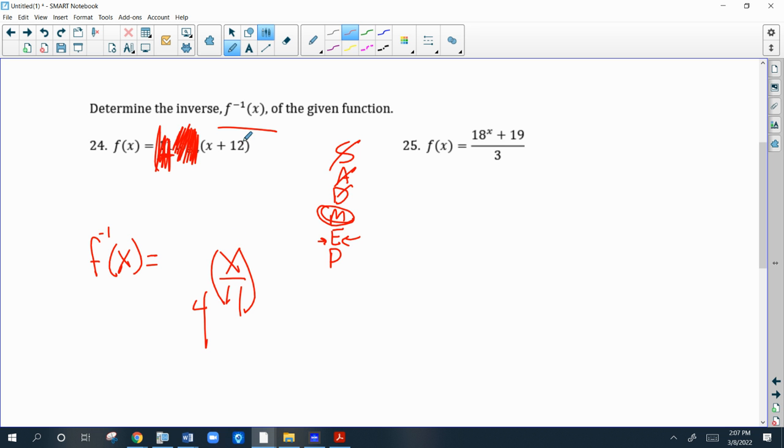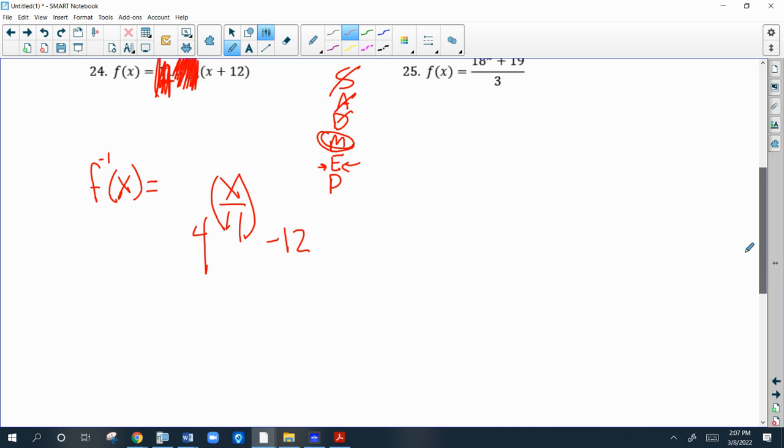And finally, you have x plus 12, which was in the parentheses. You undo that by subtracting the 12. So that doesn't look very nice. Let me just clean it up. It's 4 to the x over 11 minus 12.